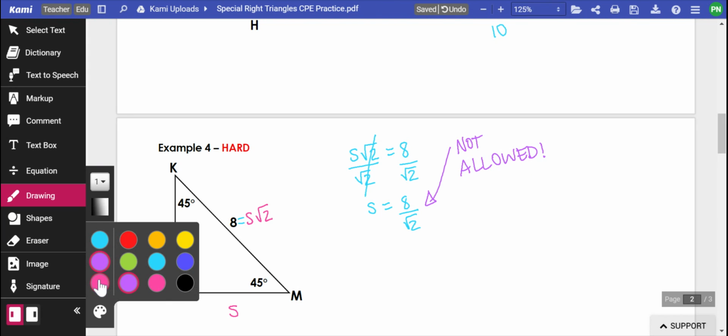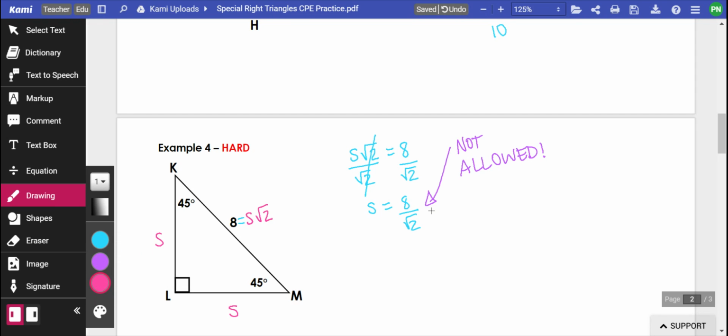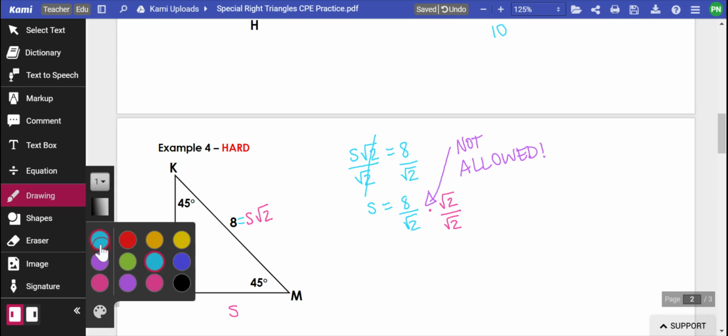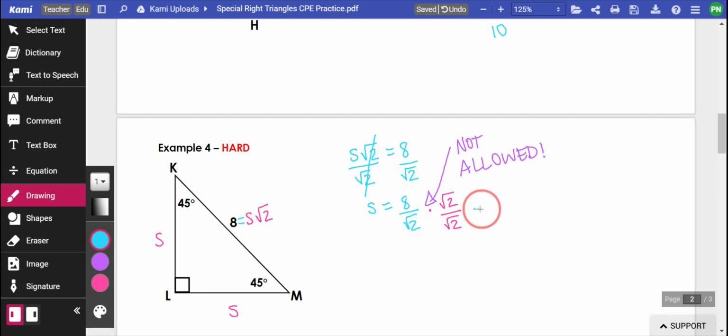In order to get rid of it, we want to multiply both top and bottom by the square root of 2, because our denominator was the square root of 2. That turns into 8 times the square root of 2, and then square root of 2 times square root of 2 is square root of 4, which is just 2.